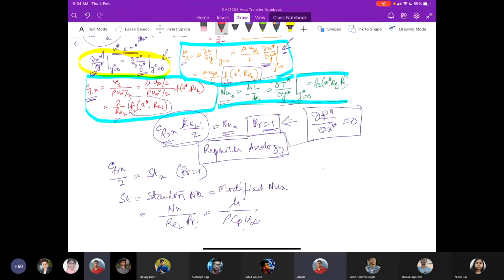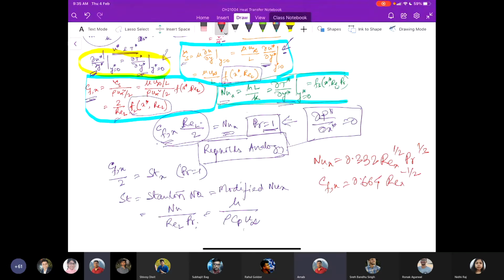And that looks like something is Nusselt number is 0.332, Reynolds number to the power half, and Prandtl number to the power 1/3. This we have seen. Also, we have seen this relation. These two relations we have already seen, the power half.